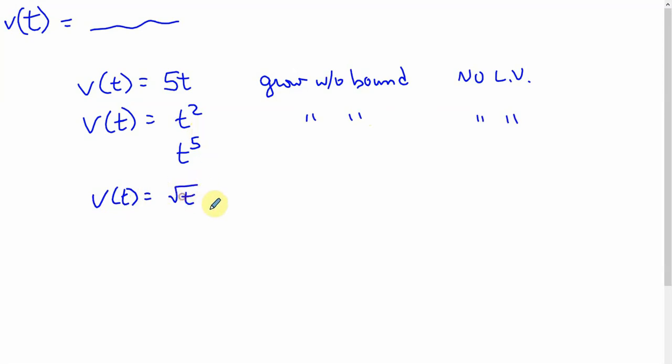We can also do square roots. If you take the square root of bigger and bigger numbers, the square root cuts it down to size a little bit, but the answers are still going to get bigger and bigger, just kind of slowly. So again, this still grows without bound, no limiting value.